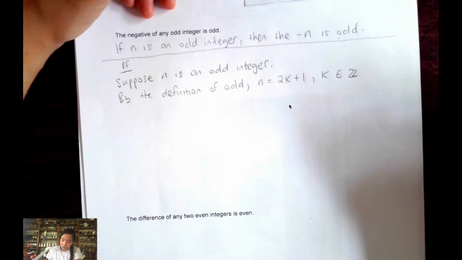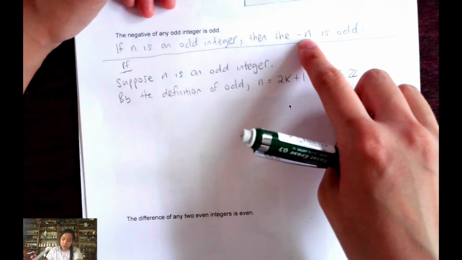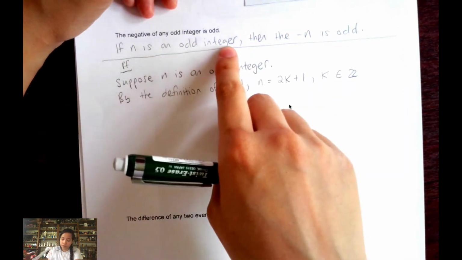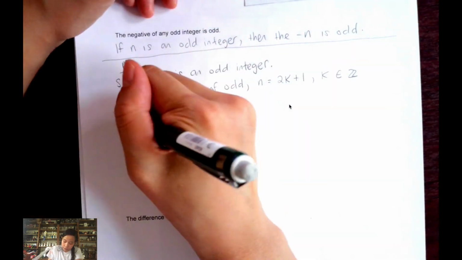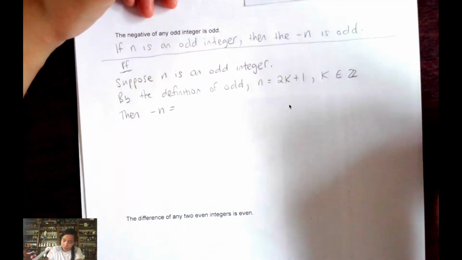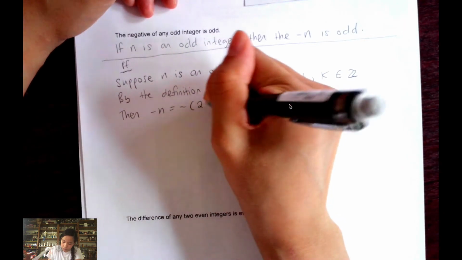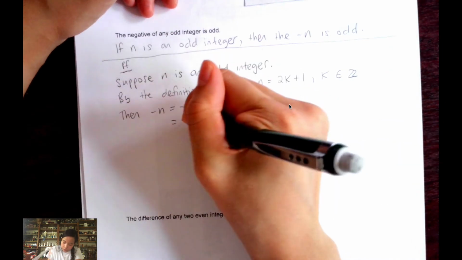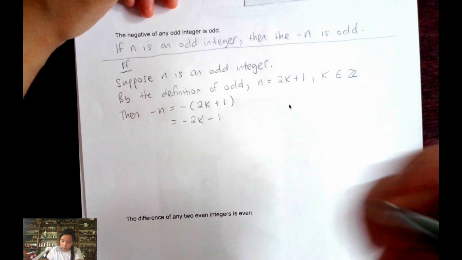What you want to do next is address the negative n, because we are trying to prove that negative n is odd when n is an odd integer. So now we can say then negative n equals the negative of 2k plus 1, and that equals negative 2k minus 1 when you do the distributive property, simple algebra.